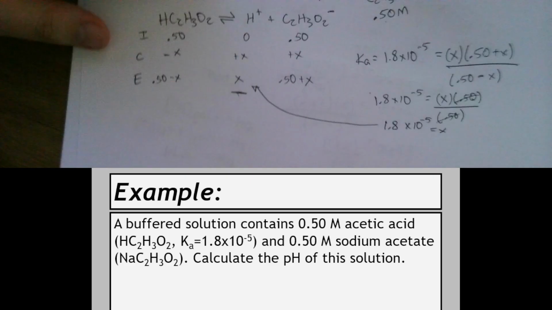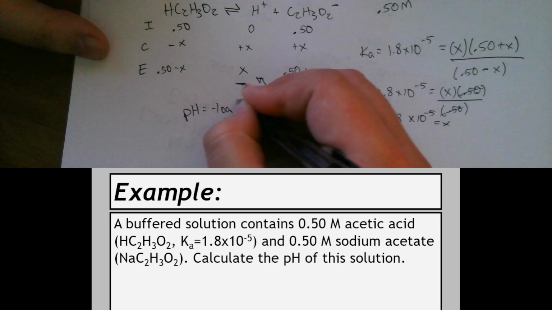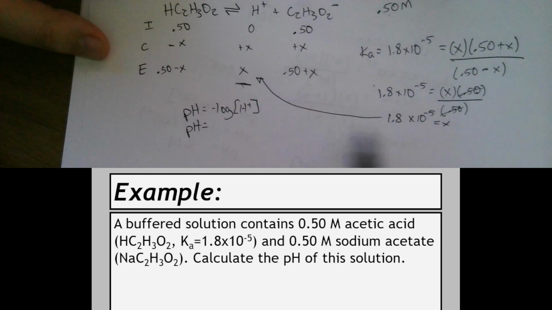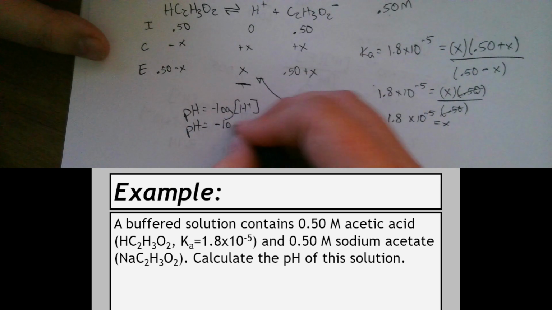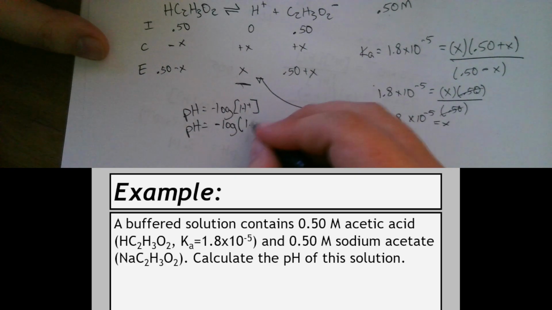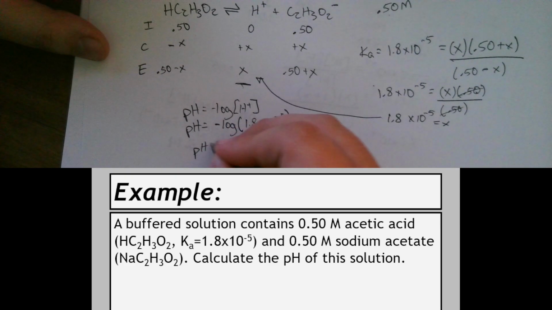Again, just like last problem, pH is negative log of H plus concentration. So I'm going to take the pH of this number, and pH is equal to 4.74.